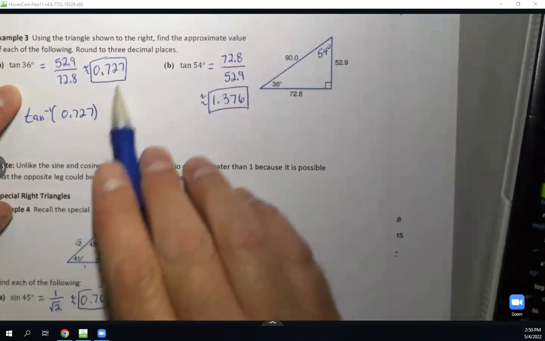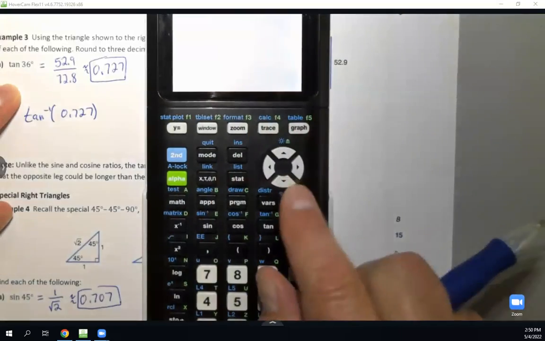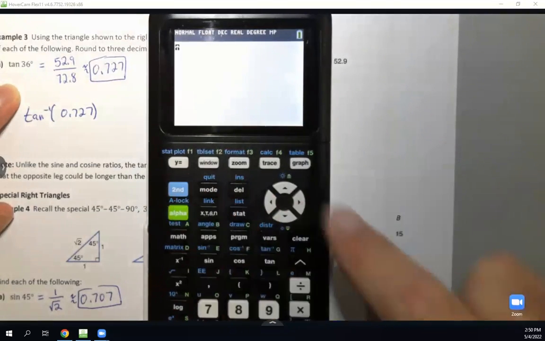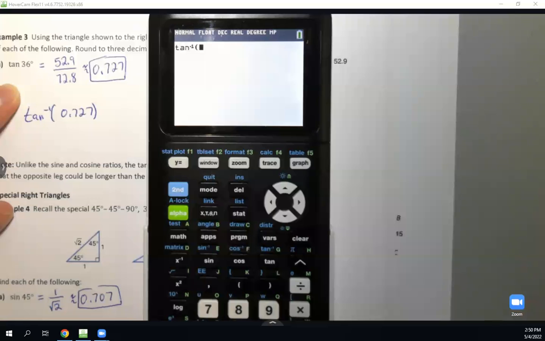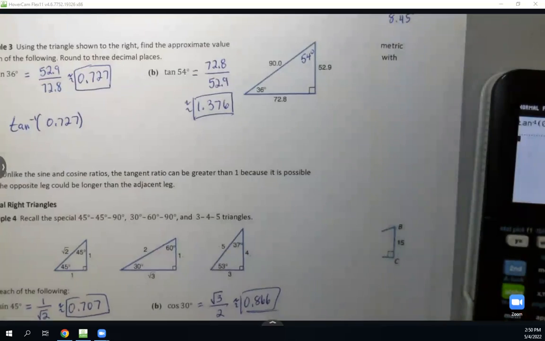Now, it won't be exact because I've rounded, right? But if I do inverse tangent of 0.727, it gives me 36 degrees, again, approximately because of the rounding. Make sense? Okay. And the same way it works with cosine and sine.